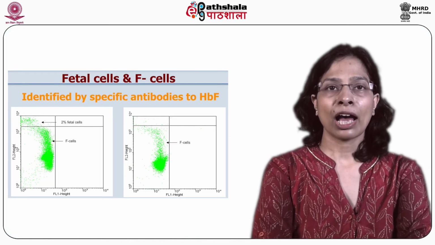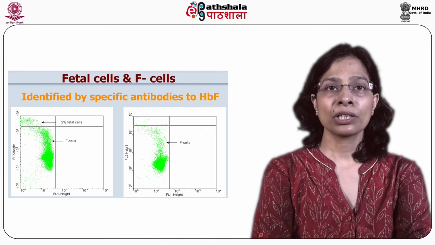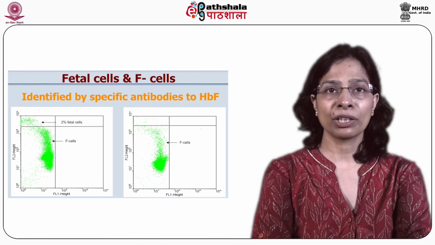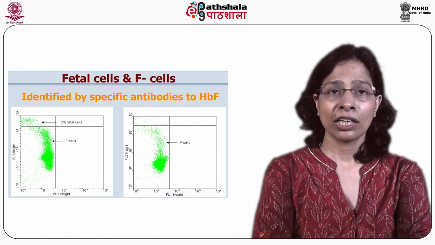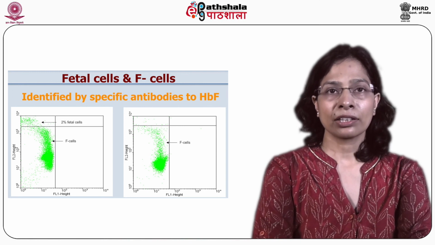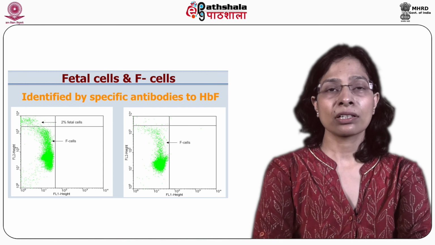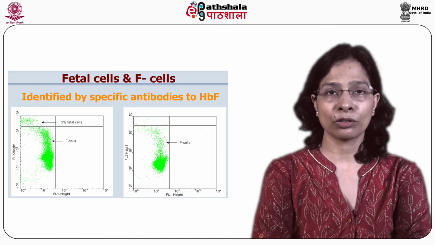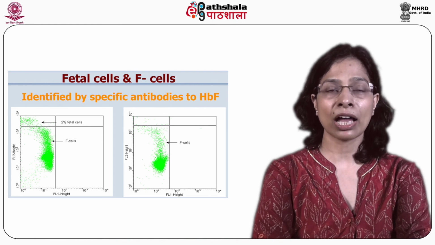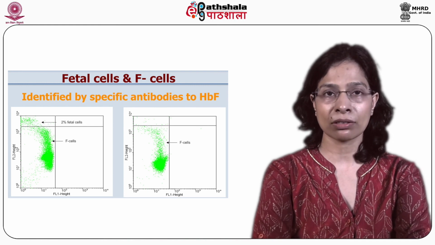In this particular application, we can see that using an antibody against hemoglobin F, the fetal red blood cells can be identified. In certain conditions where there is an incompatibility between the maternal blood group and the fetal blood group, there are chances of hemolysis and injury to the fetus.